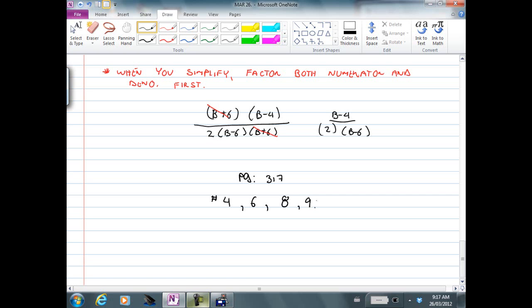That's it. Just basic examples of how to work with simplification.